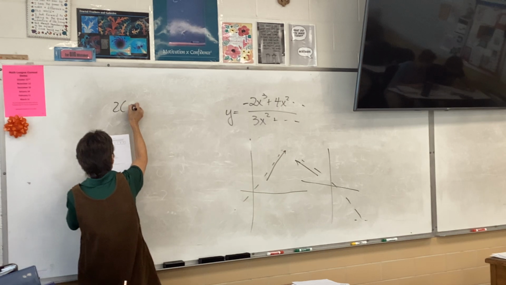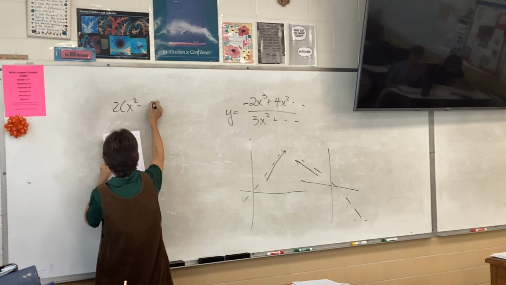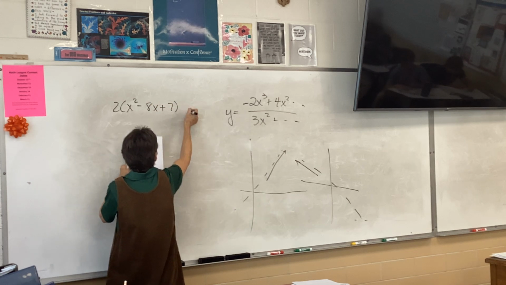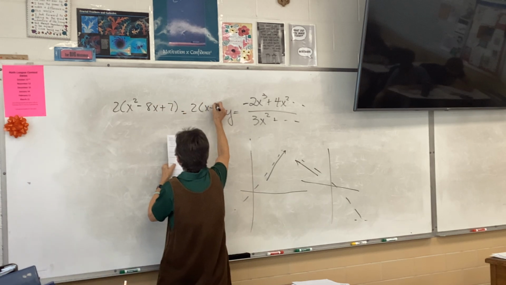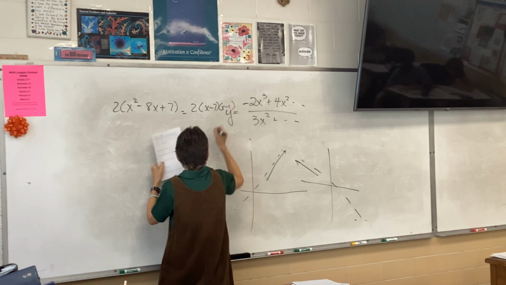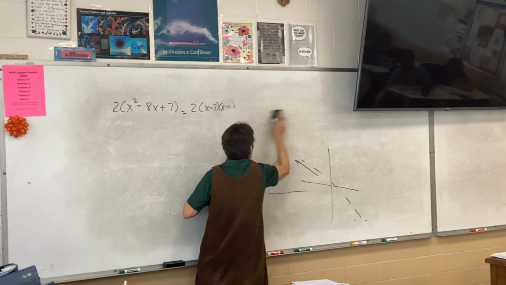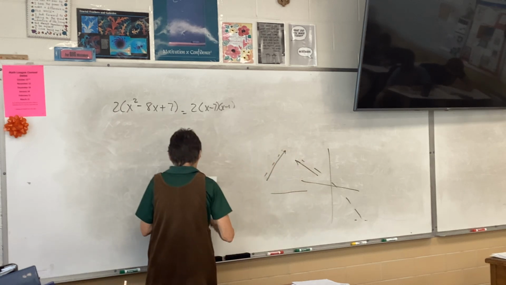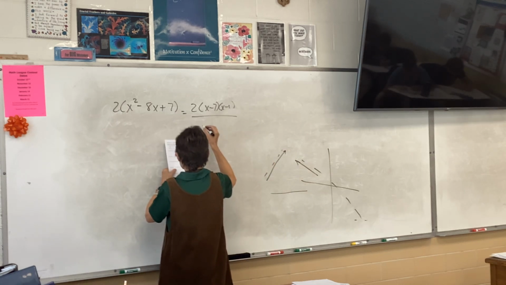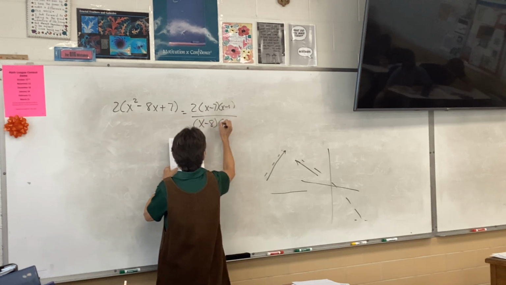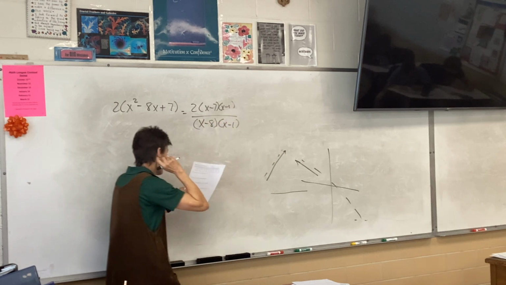So I'm gonna try to do this right. I'm gonna take a 2 out and factor that. Please stop me if I make a mistake. And then my denominator is going to be x minus 8, x minus 1. Right?